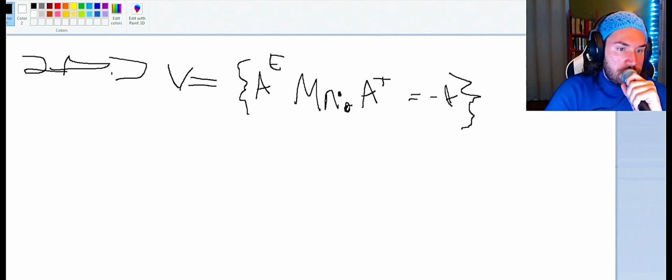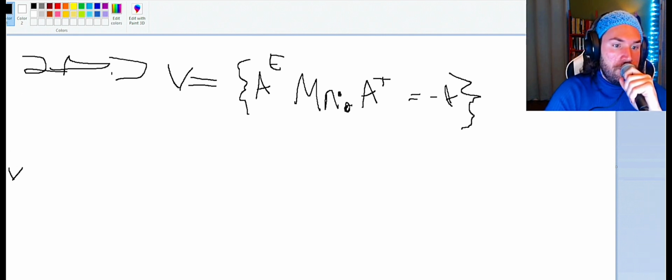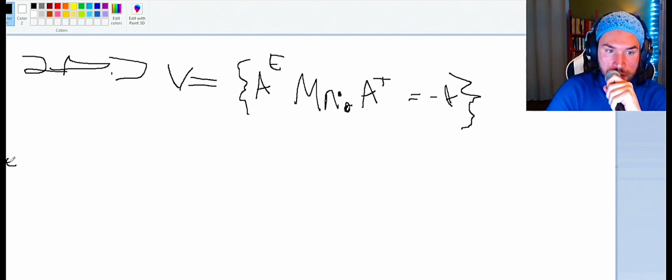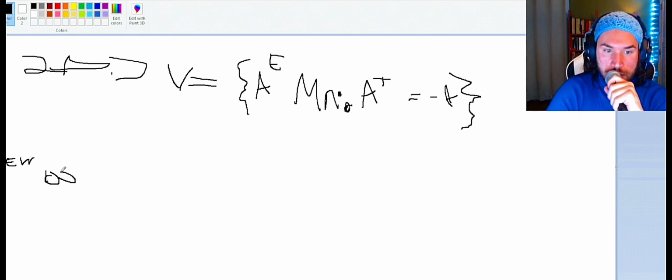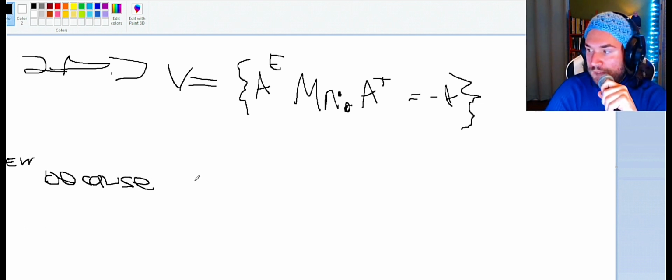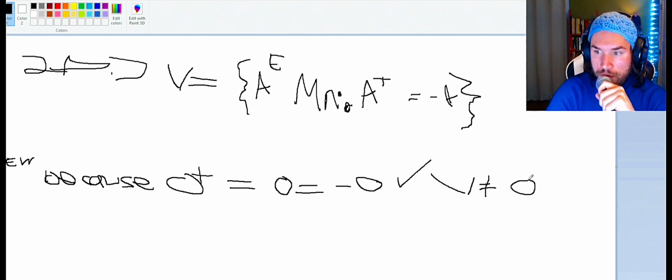Because this is a vector space V, and the reason is that the zero matrix is in it and negative A is in it.